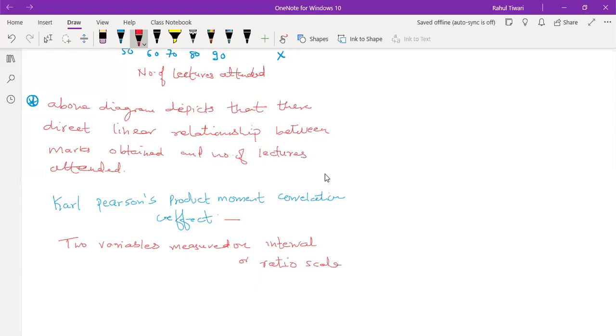When you talk about interval or ratio scale, I hope you know the meaning of interval and ratio scale. So when we have data related to the interval and ratio scale, I may always go for the Pearson product moment correlation coefficient.